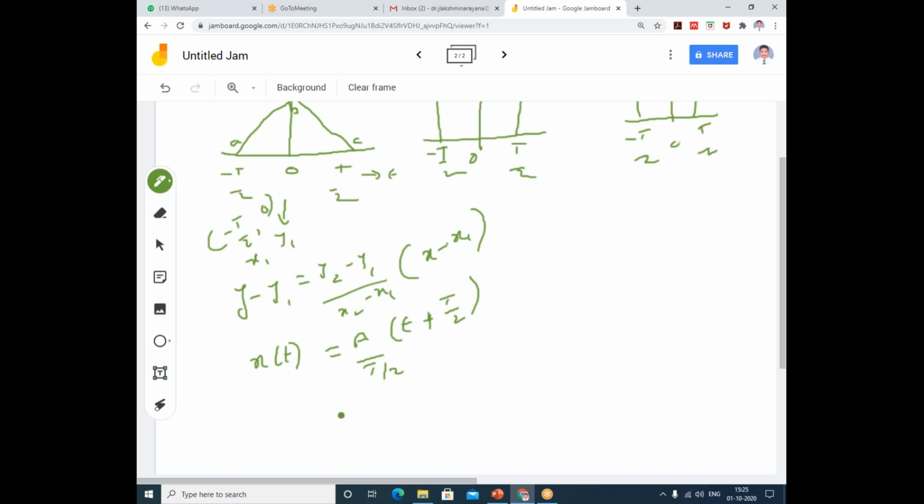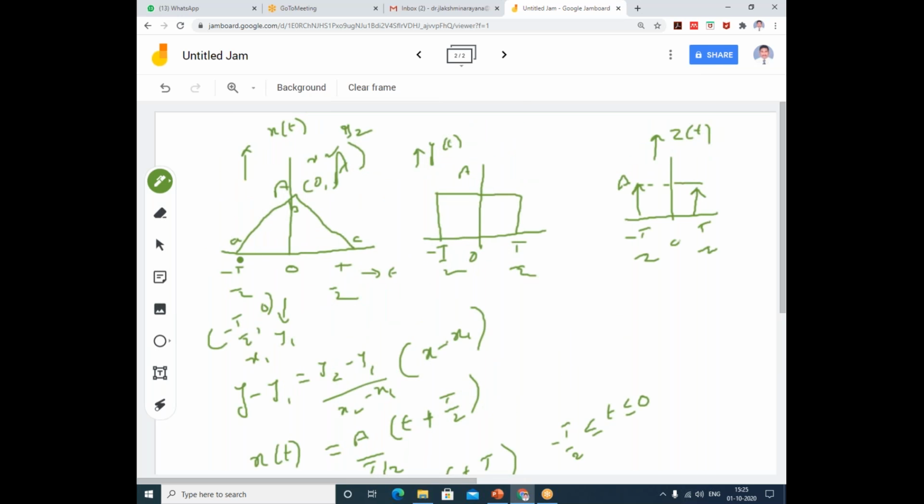So from this, the relation is 2A by capital T into t plus T by 2, which is the equation of the line between minus T by 2 less than or equal to t less than or equal to 0.